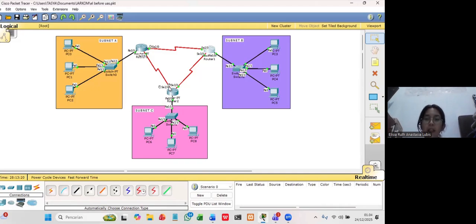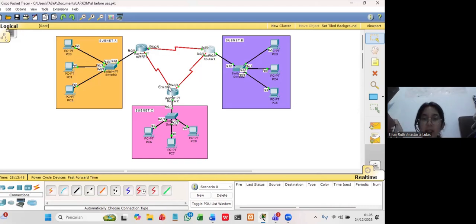To verify the network configuration, connectivity testing is performed using the ping command.